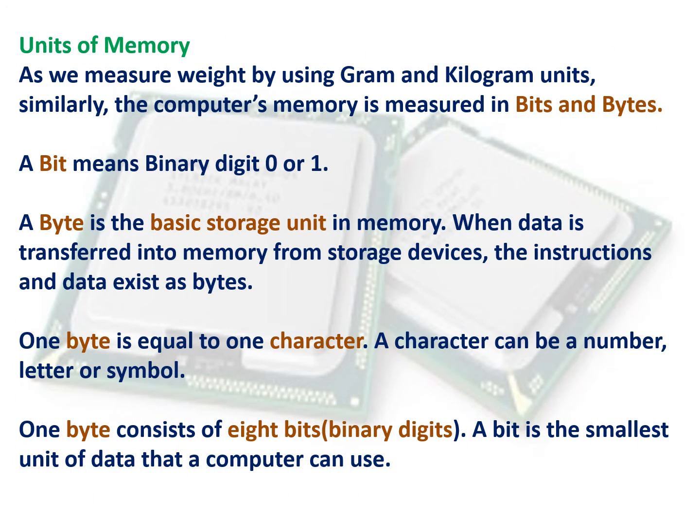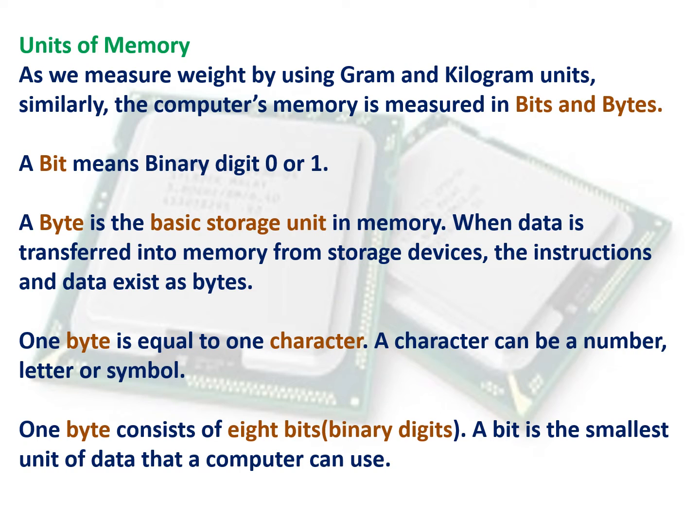Units of memory. As we measure weight using gram and kilogram units, as you must have done in maths, similarly, computer memory is measured in bits and bytes. So, what is a bit? A bit is the smallest unit of data that a computer can use.